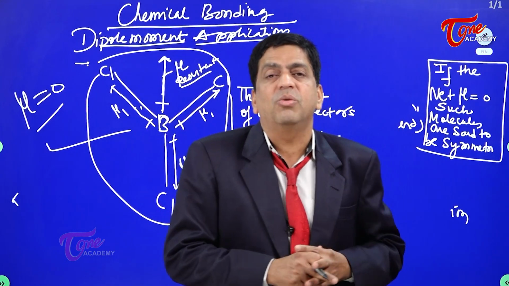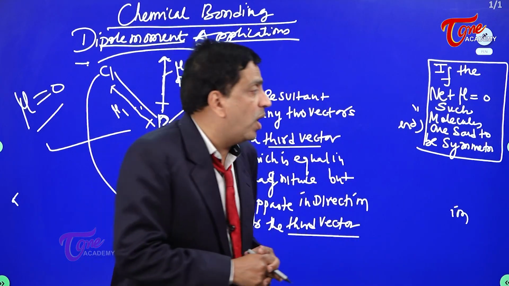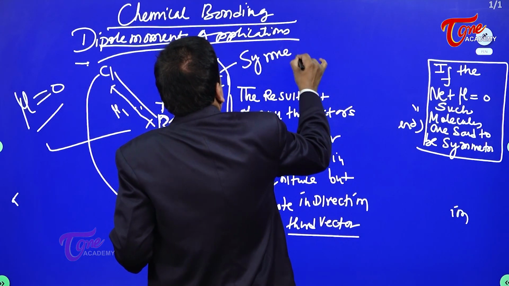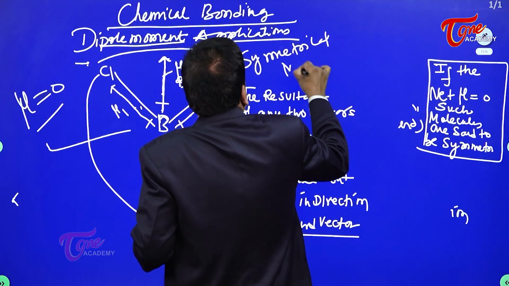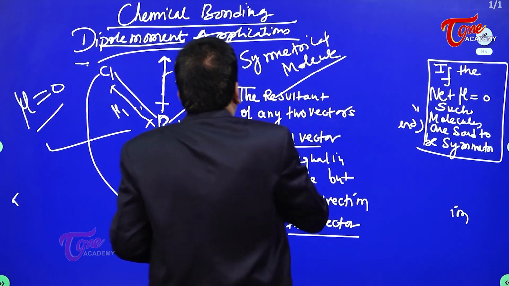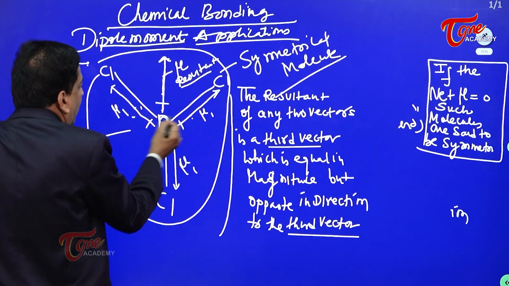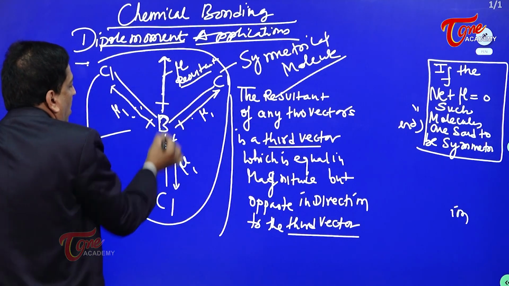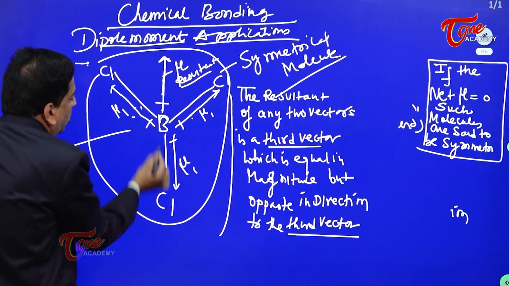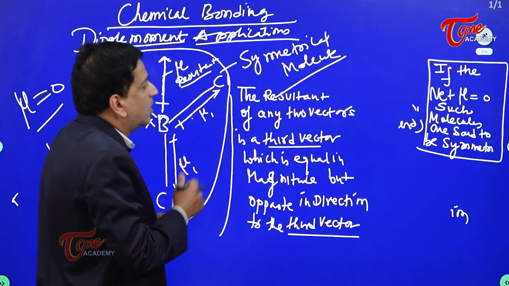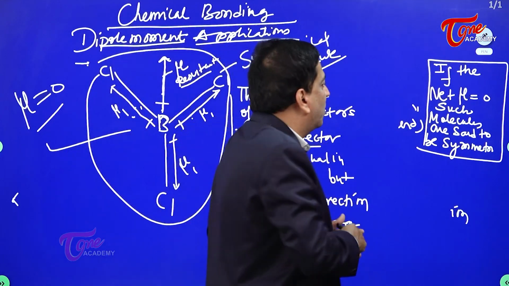And such molecules are said to be symmetric. So I call this a symmetrical molecule. Just understand, the resultant of any two vectors is a third vector which is equal and opposite in direction to the third vector. So net dipole moment sometimes comes to zero.